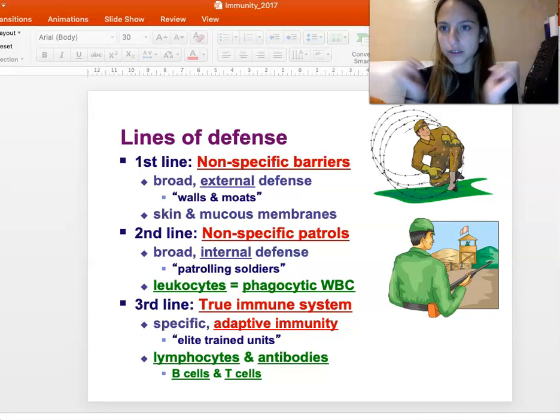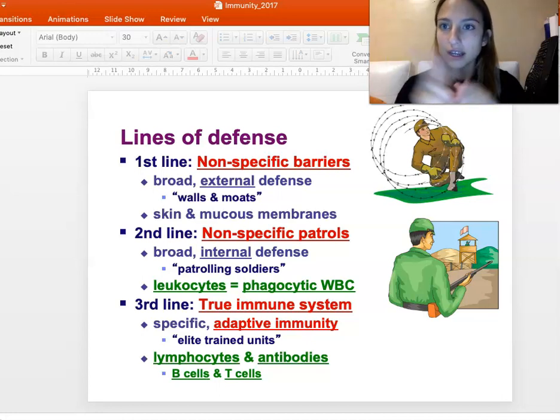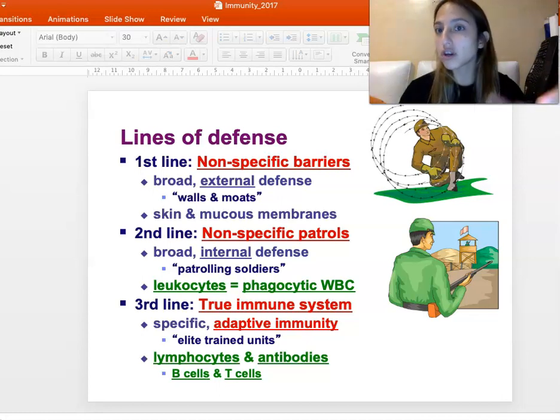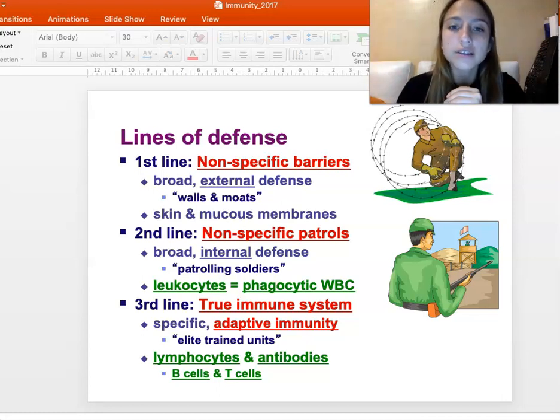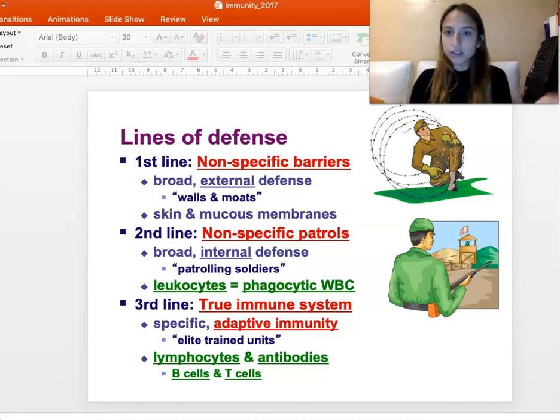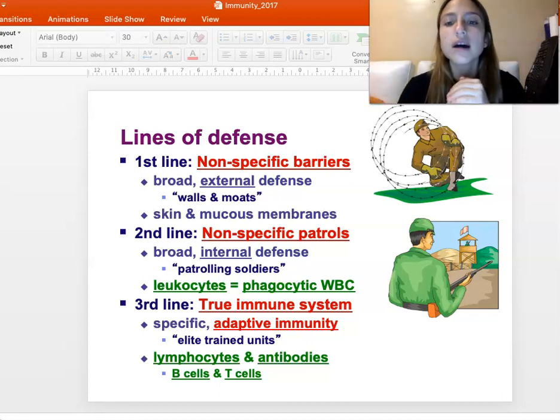Besides having these barriers, and we're going to talk about how they relate to our immune system and what our barriers are in a second, you also have a second line of defense, and it's also non-specific. So they could be, for example, the patrolling soldiers or the patrolling agents that are within the castle, their internal defenses. So they're no longer just the wall outside, they are internal defenses.